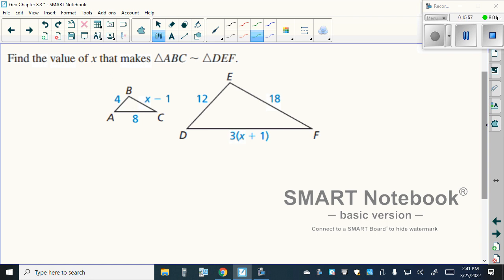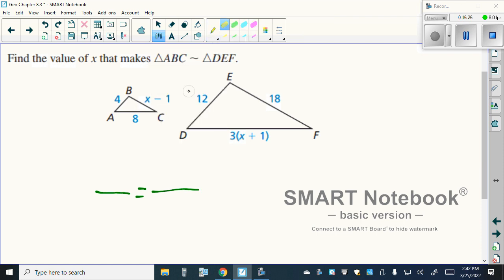But we know that ABC, if we scale it up, and it should be scaled up, we would get to our other triangle DEF, yes? So we can't just set them equal, but we are going to set two fractions equal to each other, because again, when we scale them up or down, the scale factor will be the same. Now, A, B, C, D, E, F.